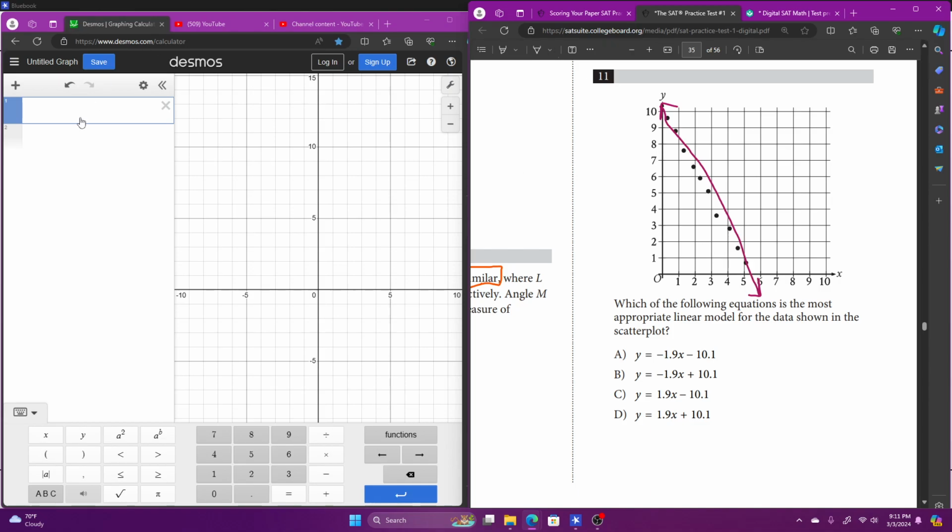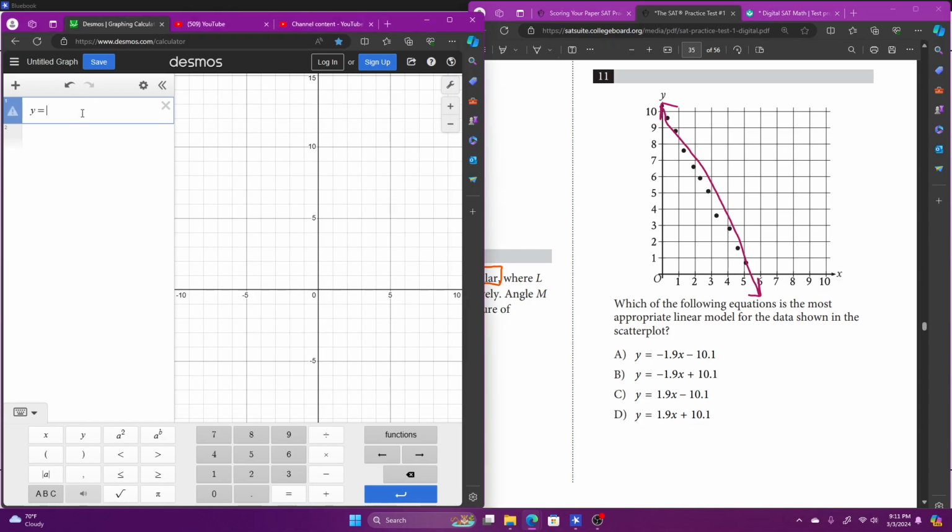So I would just take the equation y equals negative 1 and 9/10 x minus 10 and 1/10, and this is not a match to our graph here. So when you try B, the only thing that changes is a plus sign instead of a minus.